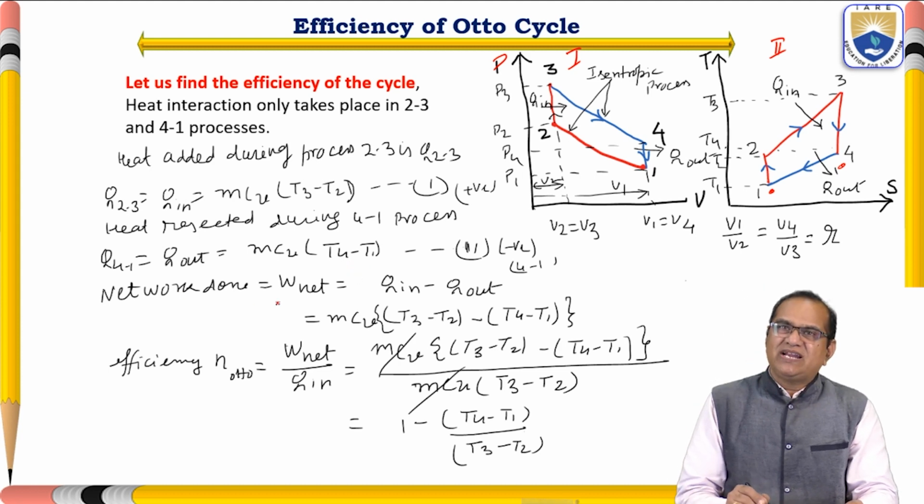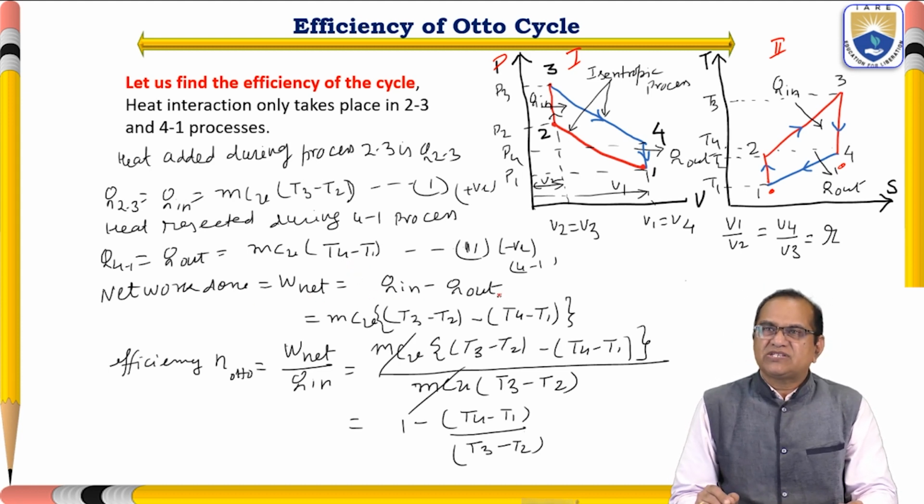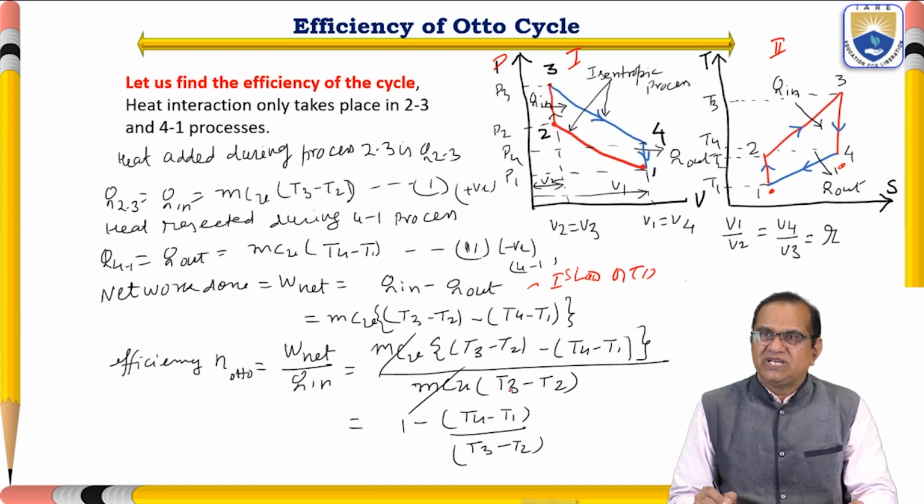So now net work done is equal to Q in minus Q out, by the first law of thermodynamics. So here you will get efficiency equal to (Q in minus Q out) divided by Q in, and Q in we have taken m Cv (T3 minus T2), minus m Cv (T4 minus T1), divided by m Cv (T3 minus T2). So this m Cv is cancelled.